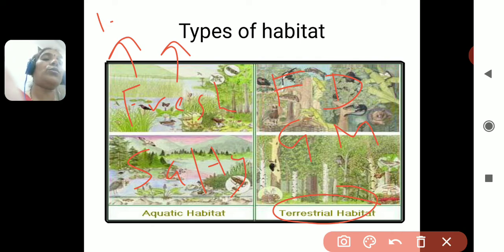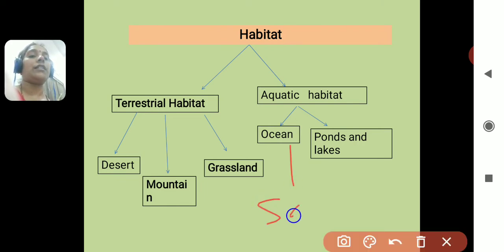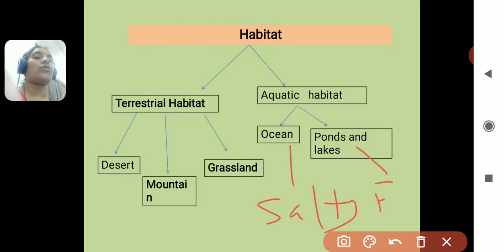Now let's learn more about the different habitats. Let's observe the different types of terrestrial habitats like desert, mountain and grassland. As I told you, the aquatic habitat is either salty or freshwater, so there are two types of aquatic habitats.